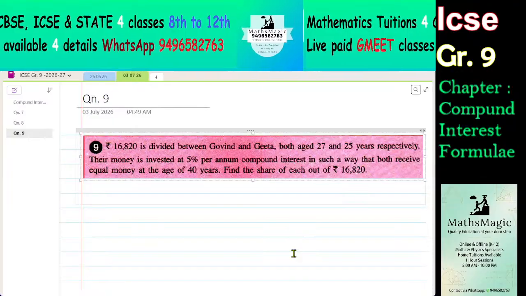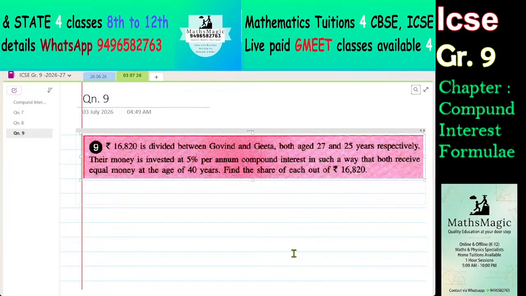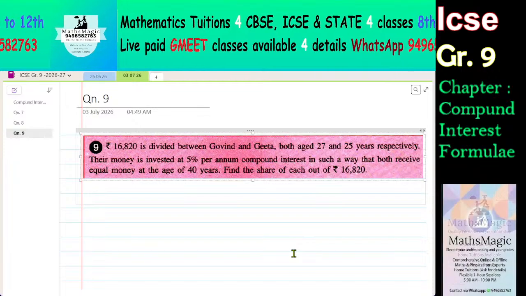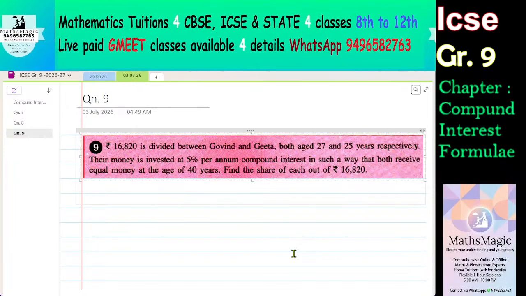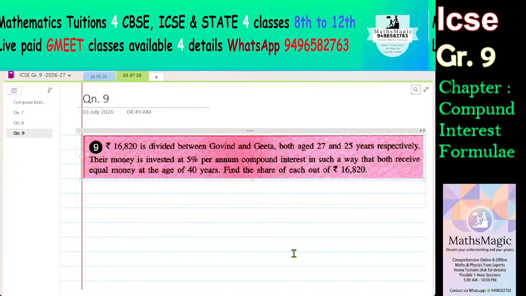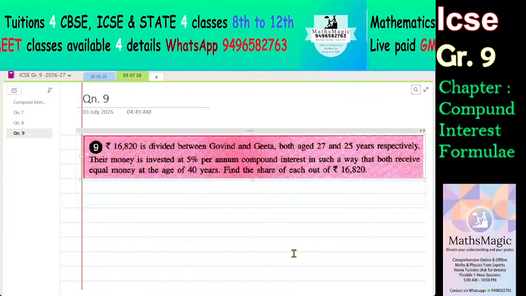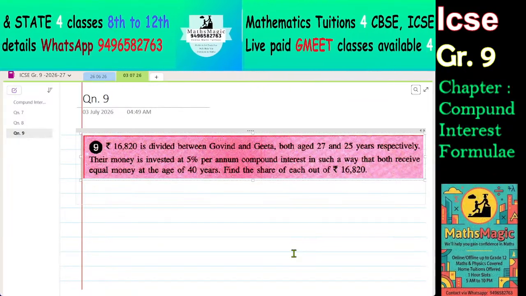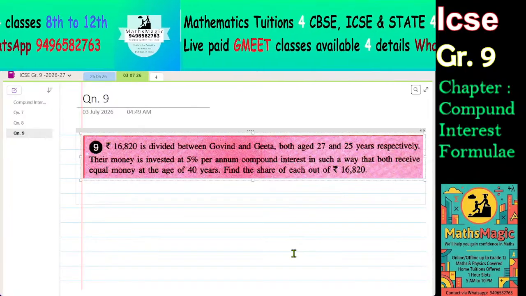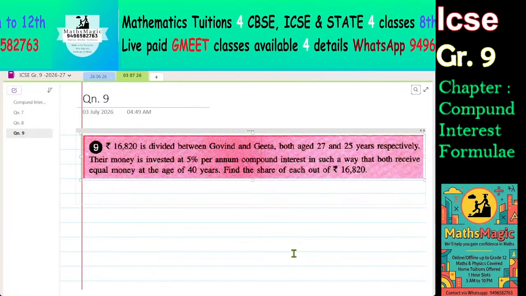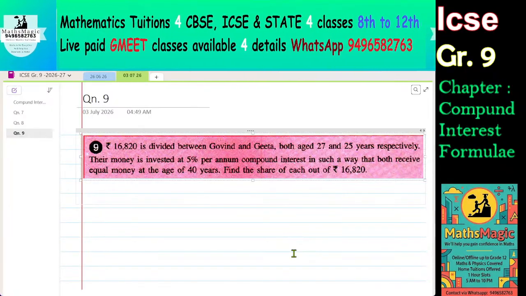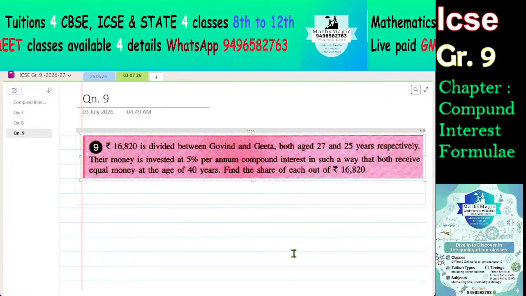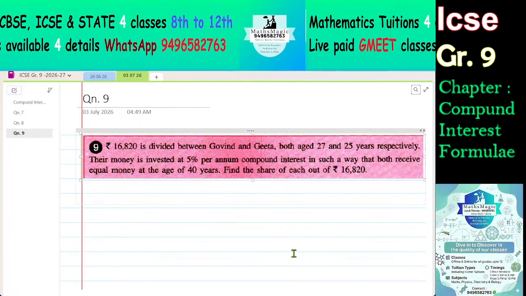So a sum of 16,820 is given to Govind and Geeta in some ratio that we don't know. So Govind got some amount, the rest of the amount went to Geeta, or vice versa. You can start either way.